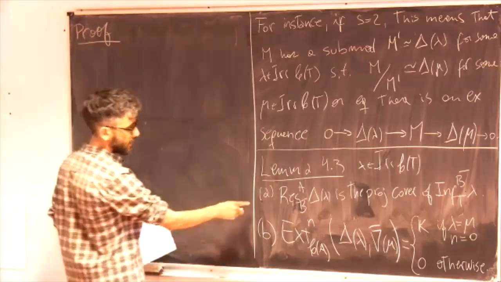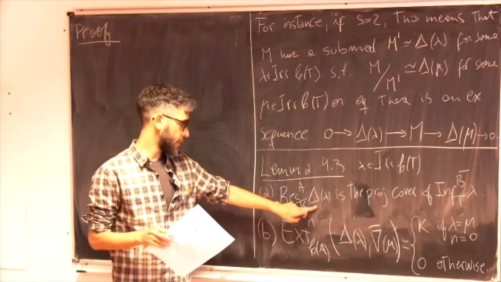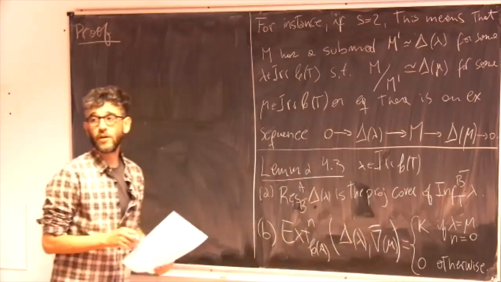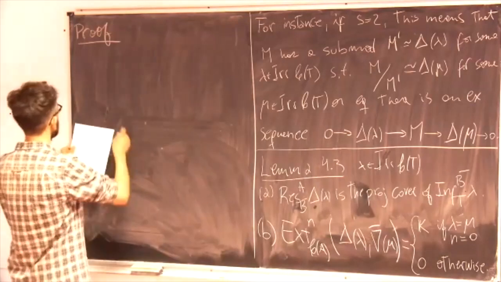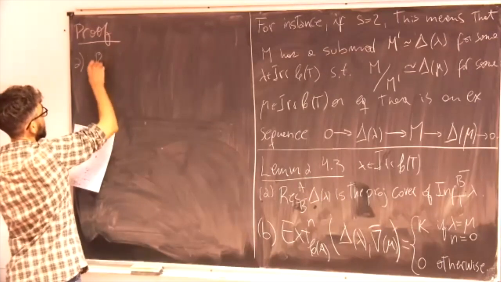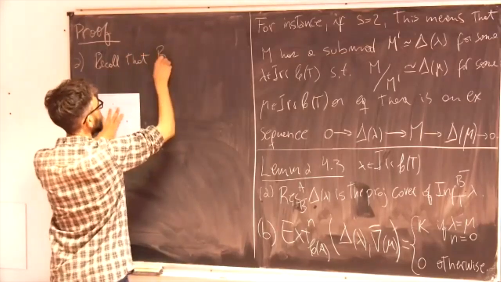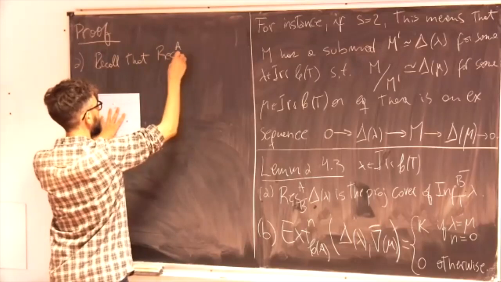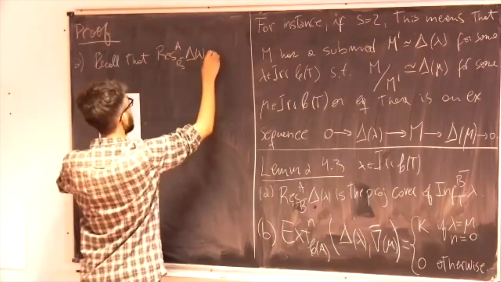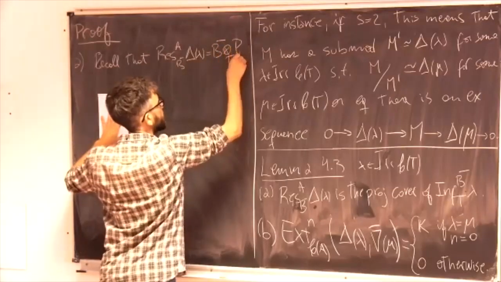So let me start with the first part of the lemma, which says that when we see the standard module of lambda as a B minus module, then it is the projective cover of inflation of lambda. So first, we recall that when we restrict to B minus, this is equal to B minus tensor T projective of lambda.